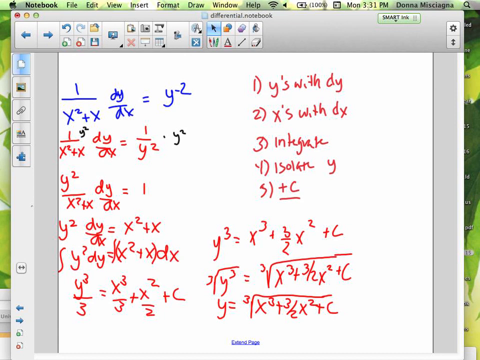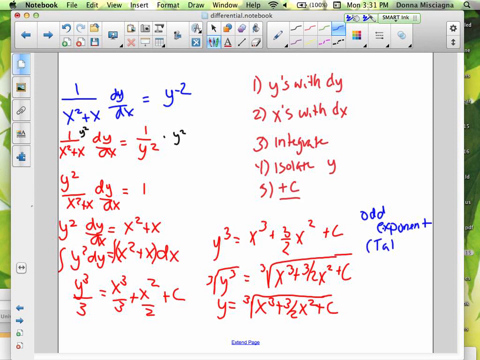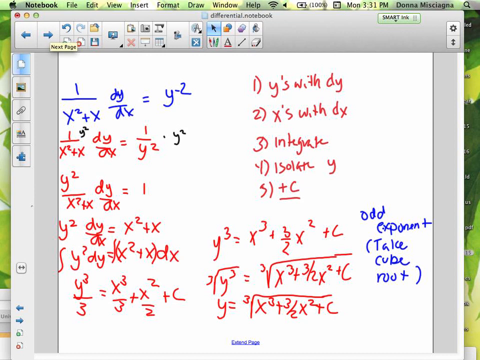Now, because this is an odd exponent, I can take the cube root. If it were an even exponent, I'd get 2 solutions, so it wouldn't really do me much. Cube root of both sides, and I'll be able to isolate y.